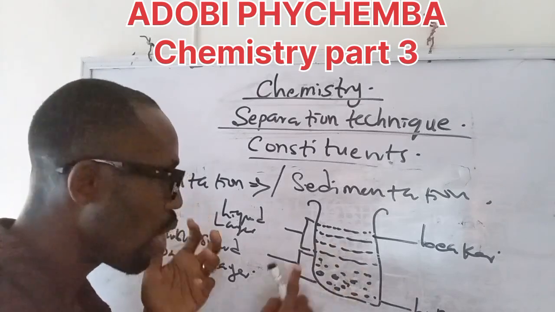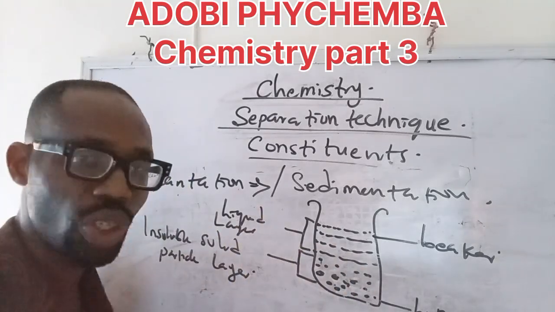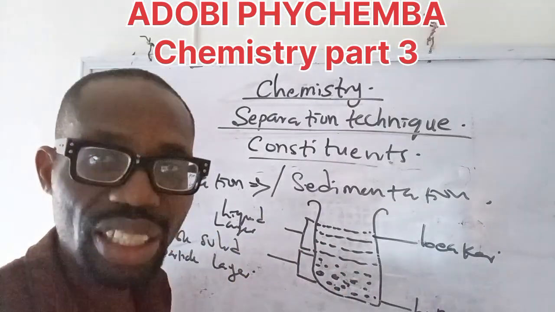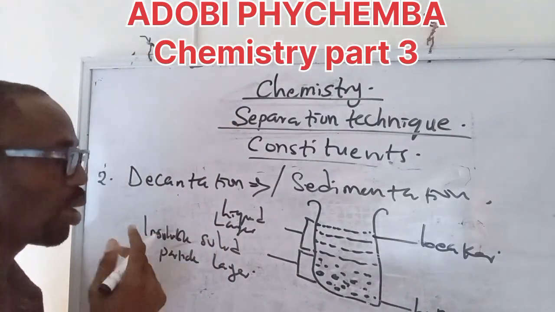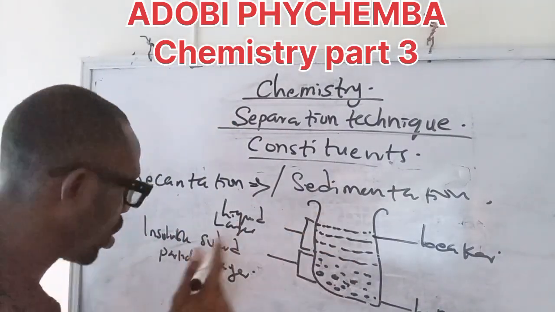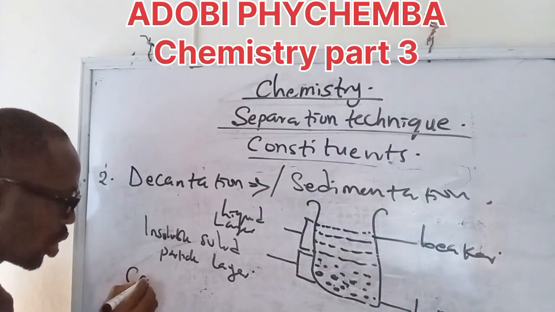A modified form of decantation is what we call centrifugation. So you will see the relationship between decantation, sedimentation, and centrifugation.